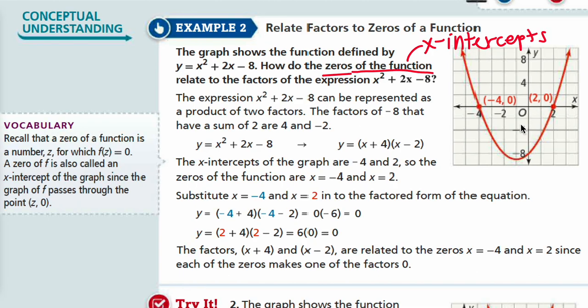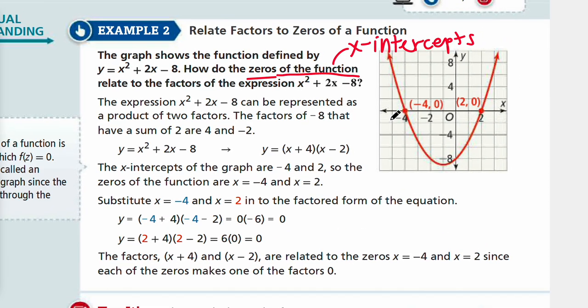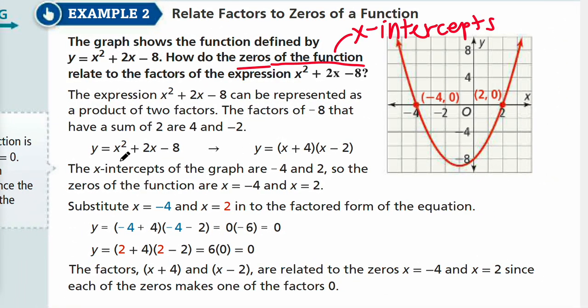So let's change our standard form into a factored form. We already did that in example 1. You should know how to factor them out and how to change standard form to factors. So we talked about how the two numbers m and n are factors of negative 8, the last constant term, and add up to the second term here, positive 2.